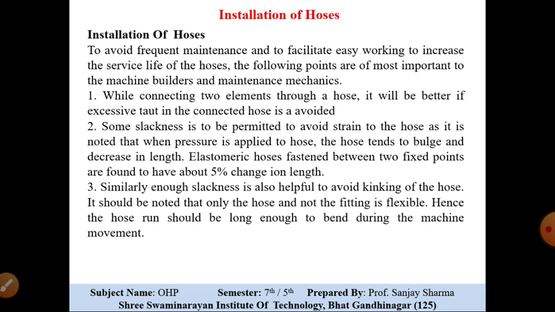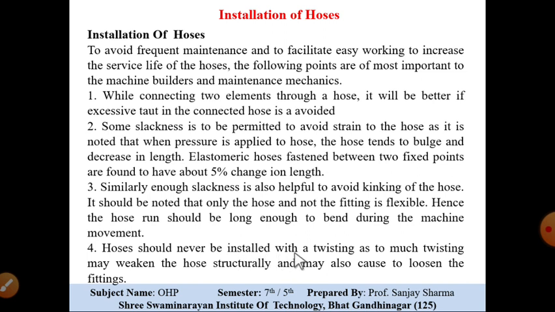So the slackness should be such, it means the length of hose should be enough that during the operation of the machine the pulling or twisting won't affect it externally.